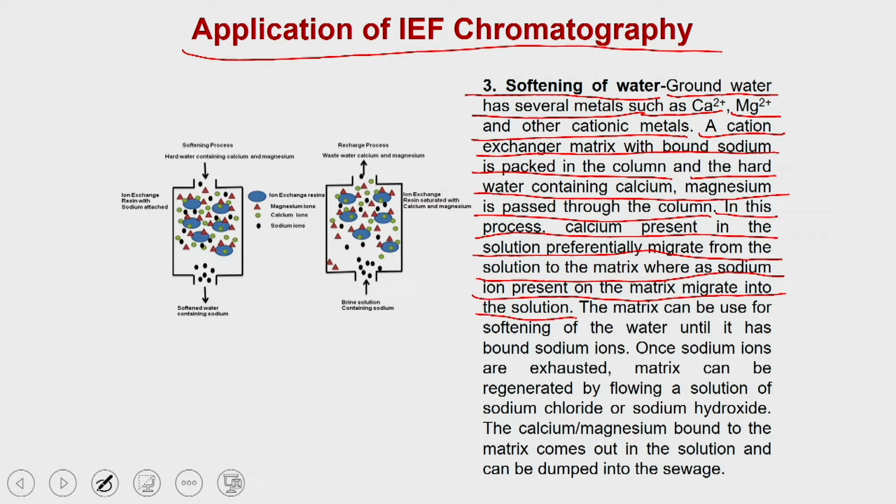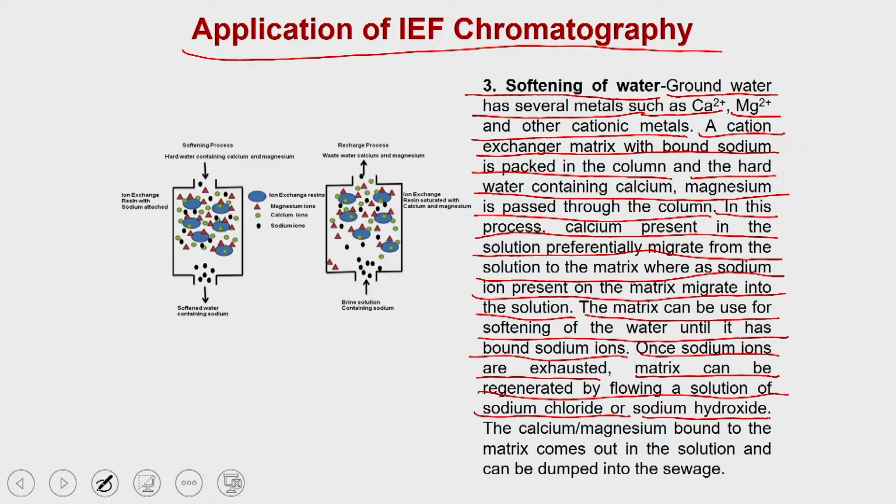So, there will be an ionic exchange, in which the sodium from the beads moves towards the solution, and the magnesium or calcium or other heavy metals move towards the beads. The matrix can be used for softening of the water until it has bound sodium ions. Once the sodium ions are exhausted, the matrix can be regenerated by flowing a solution of sodium chloride or sodium hydroxide.